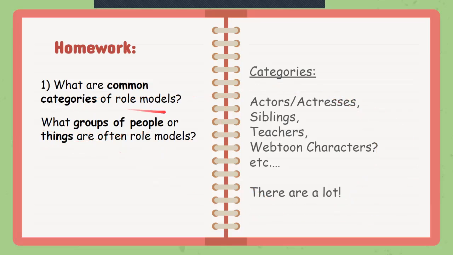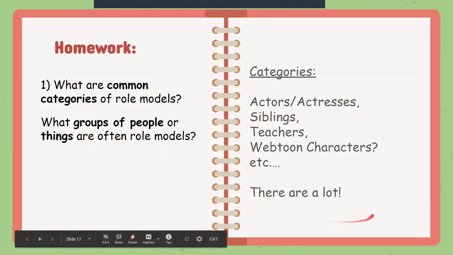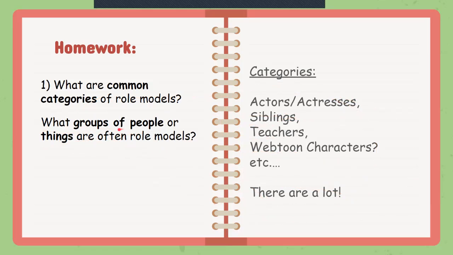Common categories of role models are often actors, actresses, siblings, teachers, and maybe webtoon characters? I don't know. You tell me. I think there are a lot of different groups of people and things that are role models. So tell me what you can think of.